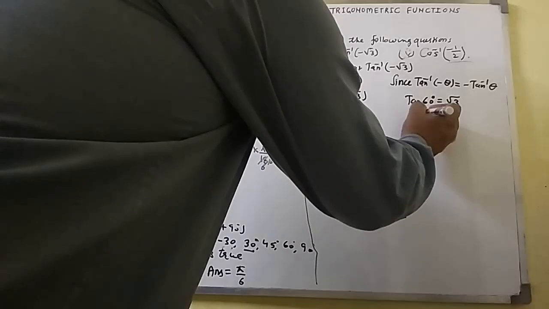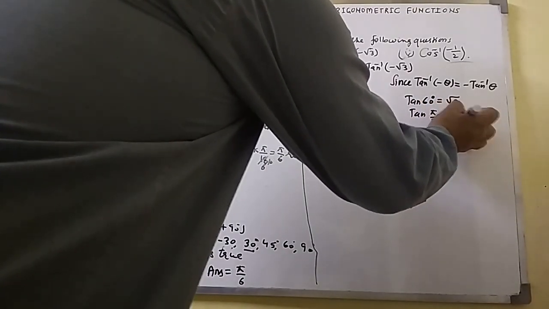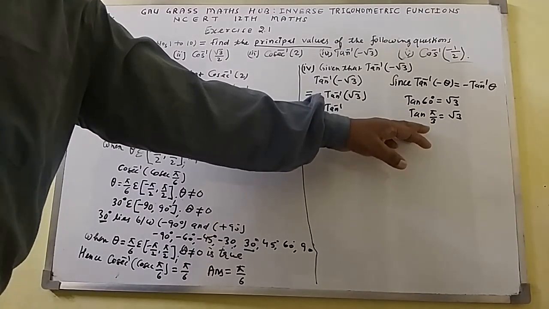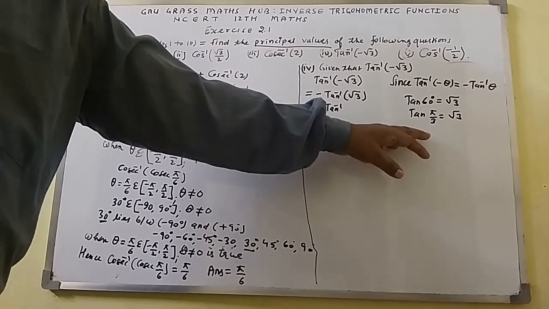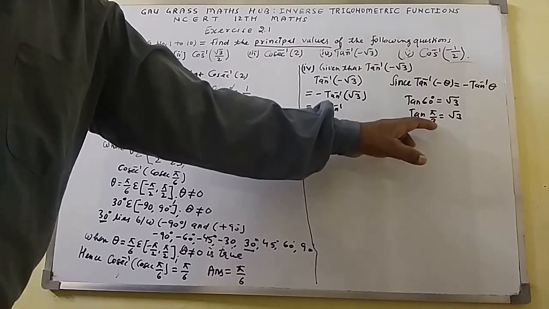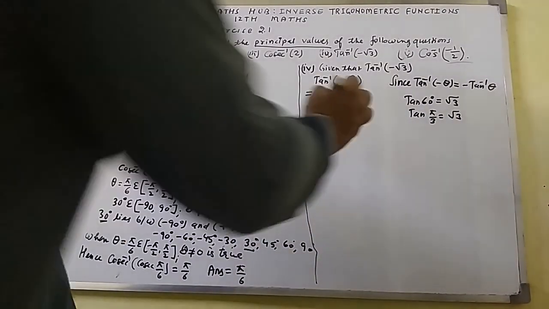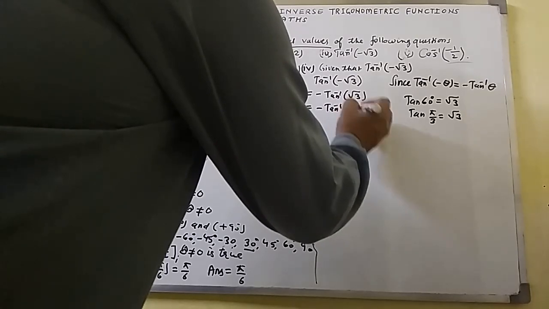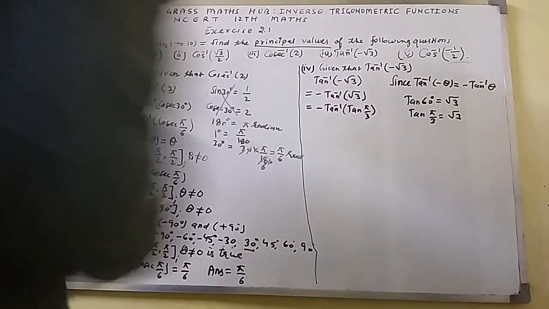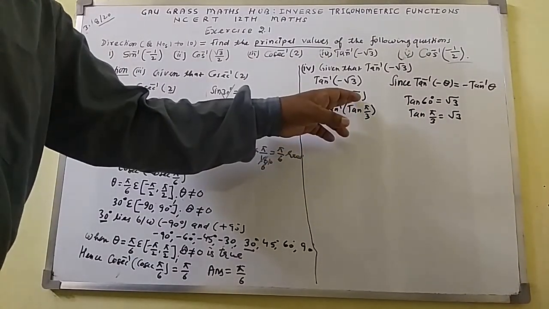You can write tan pi by 3 equal to under root 3, because pi by 3 is 180 by 3.